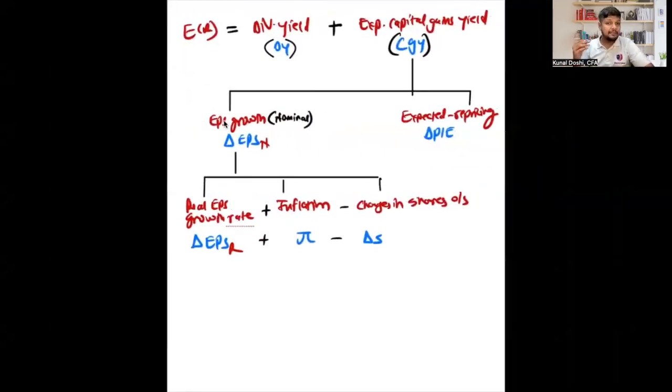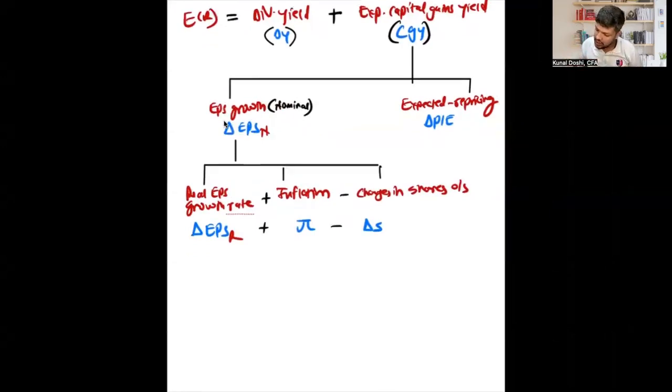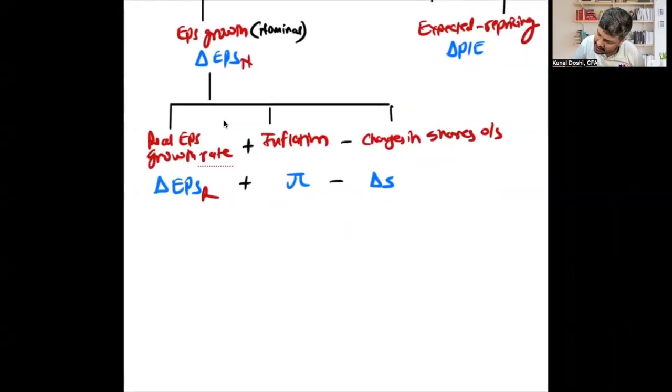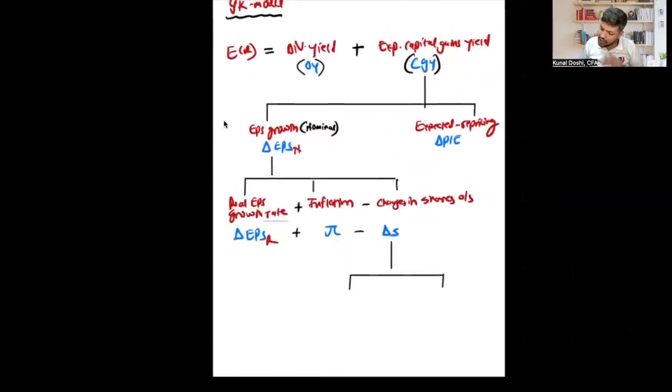And then this change in S is also further decomposed. It is decomposed into two parts. What are the two parts?